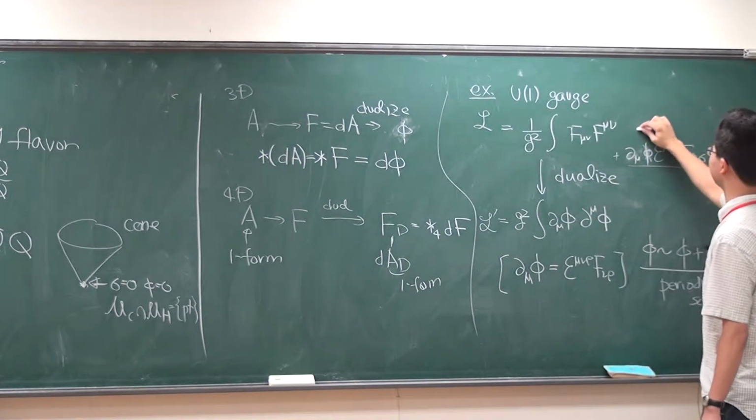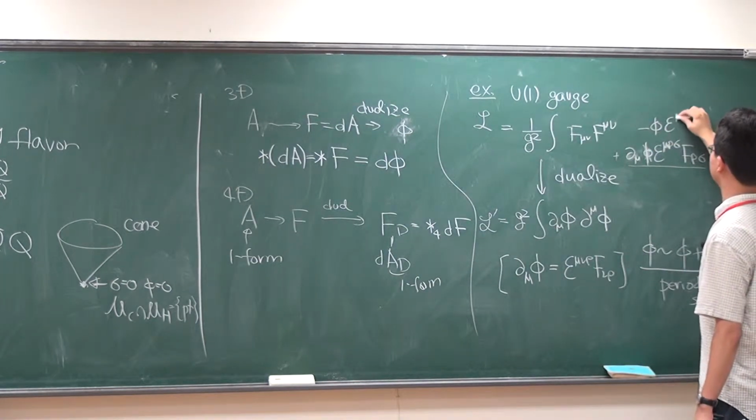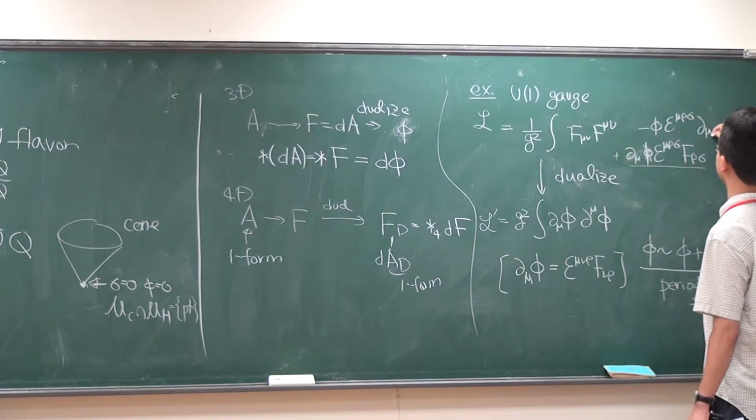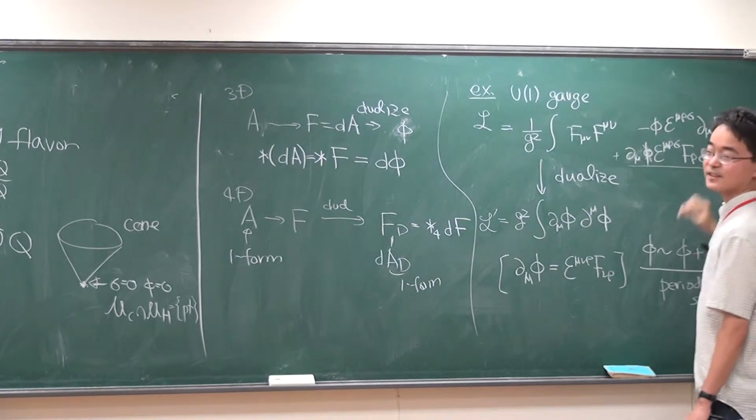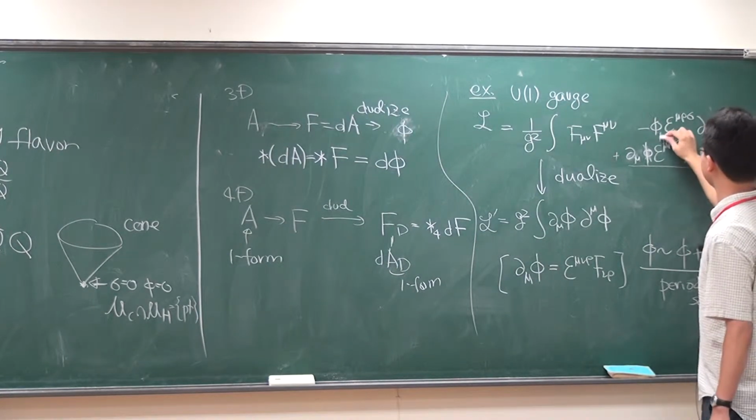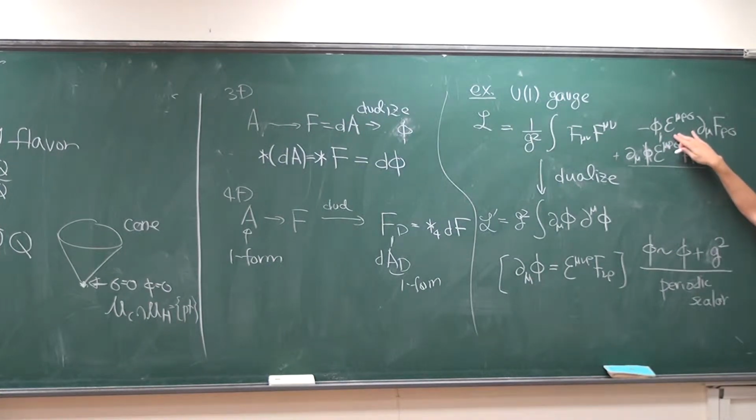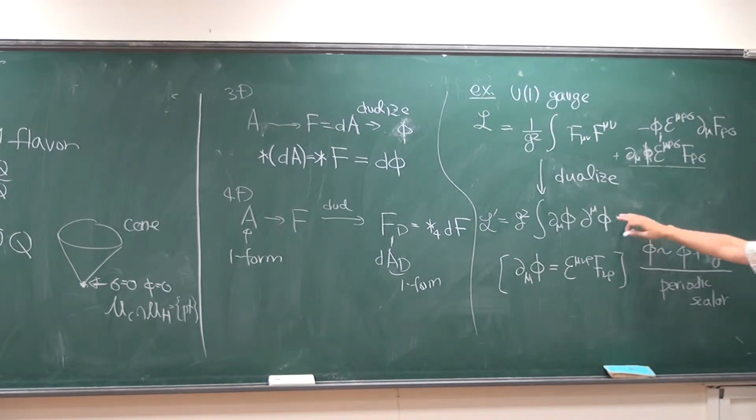So probably I should have written this as a derivative of phi. Right, so I wanted to impose the Bianchi identity. So I could do this partial integration and obtain this term, and then get rid of the F mu nu to obtain the term.